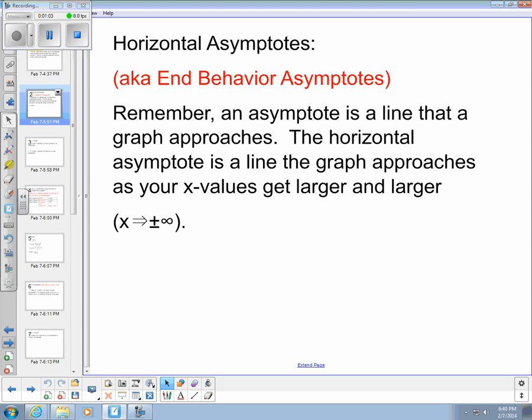A horizontal asymptote is also known as an end behavior asymptote because it tells you what the graph is doing very far away from 0 as x is approaching positive or negative infinity. So as my x values get larger and larger, what is my graph doing? Is it flattening out toward a number?